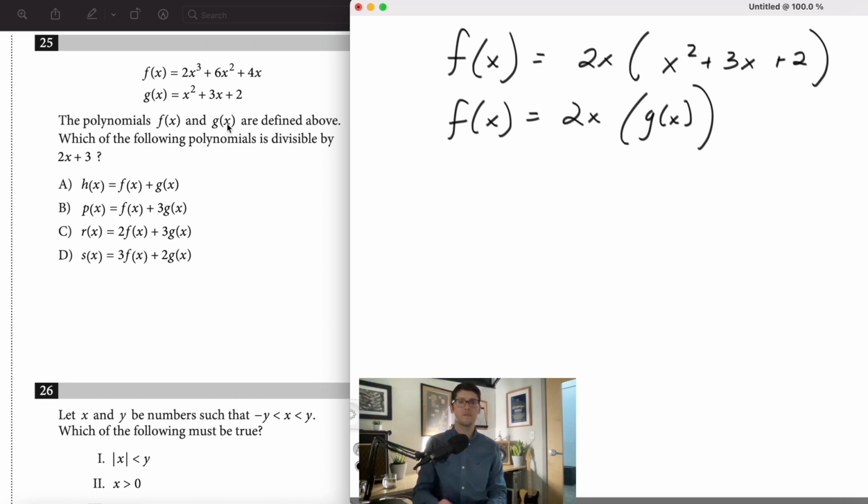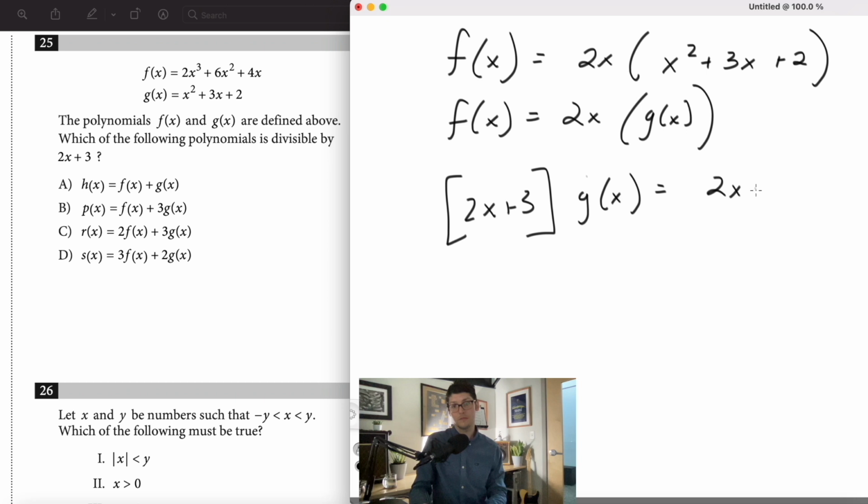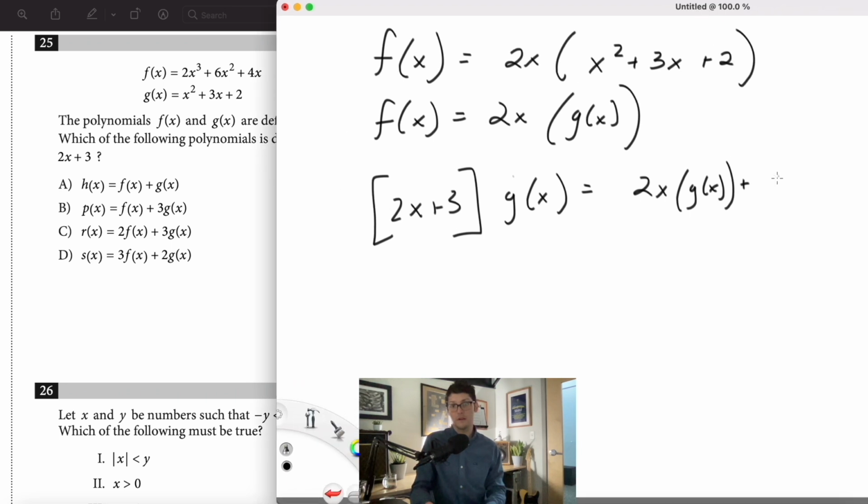Then they want to say, well, what's divisible by 2x plus 3? Well, think about g of x times 2x plus 3. 2x plus 3 times g of x would be equal to 2x times g of x plus 3 times g of x.